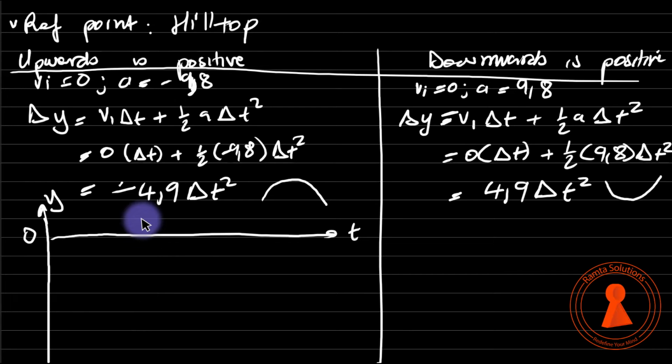And then where do I start? I want to start at 0. Where do I end? Let me end at 5, and then my step will be 1.